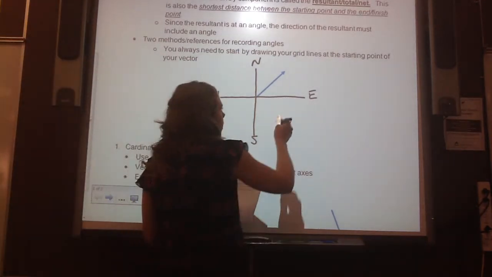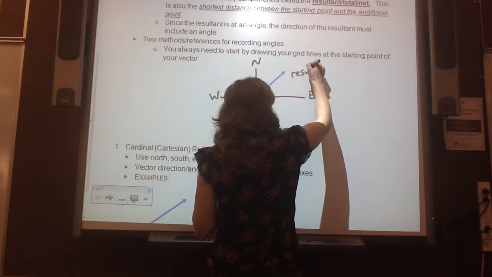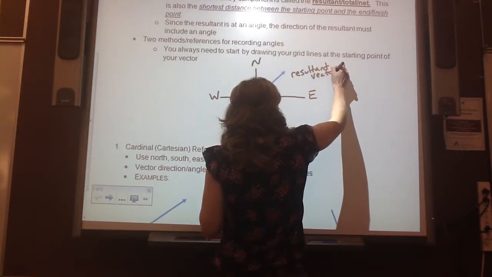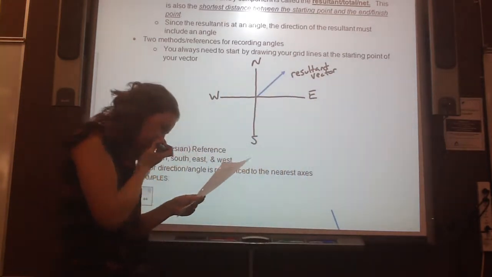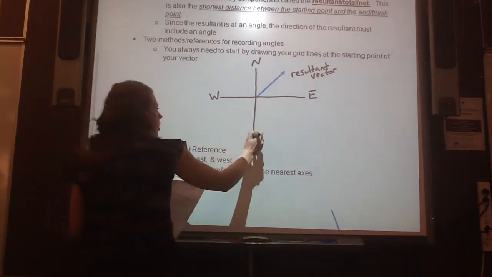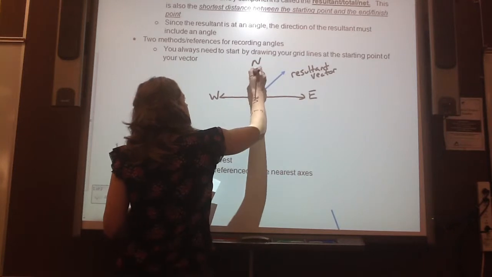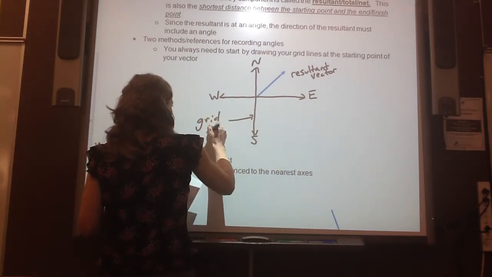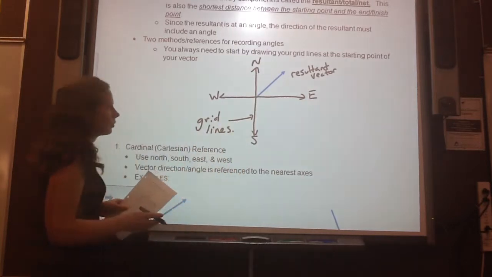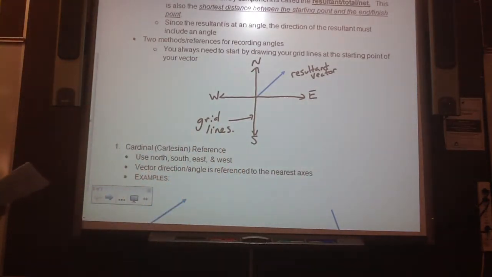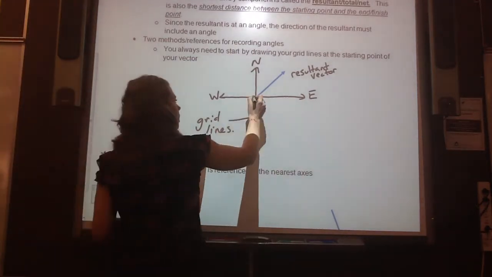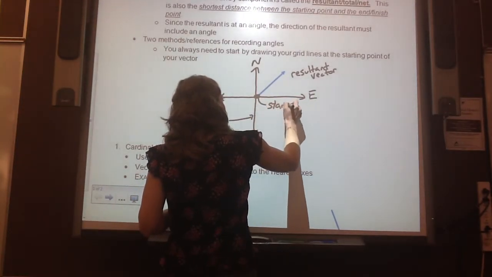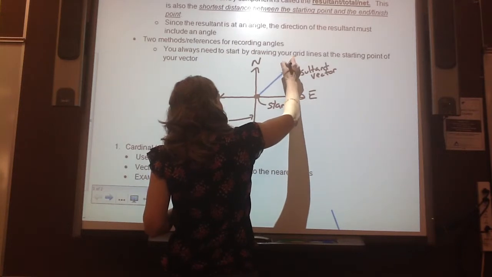The blue arrow is my resultant vector. This is what actually happens. And these are all my grid lines. Here is my start, and here is my finish.